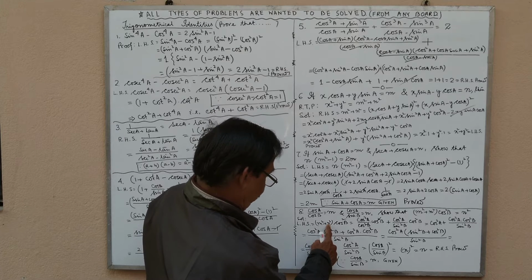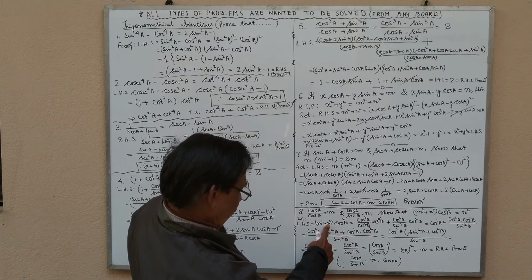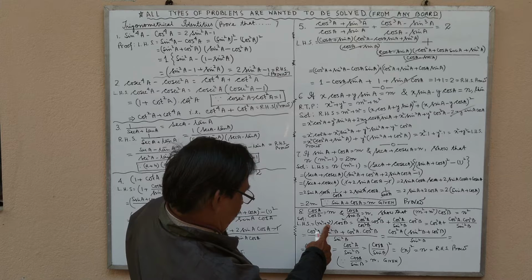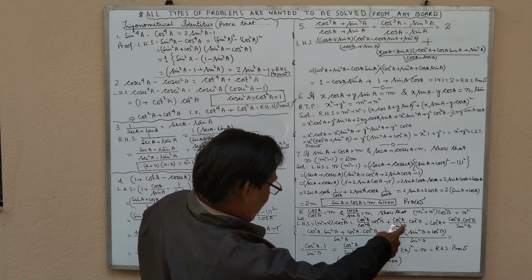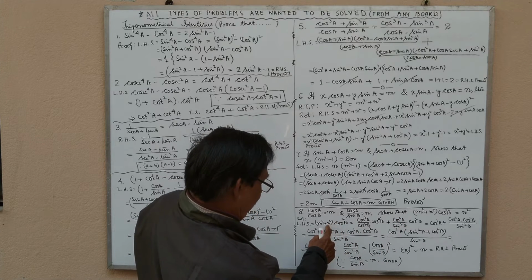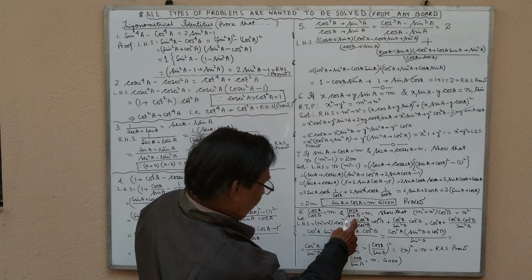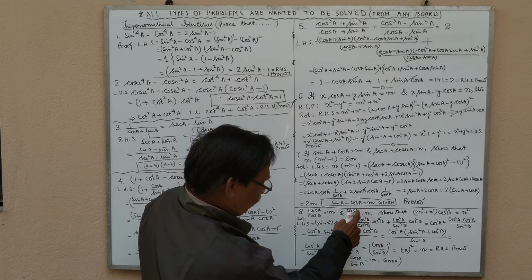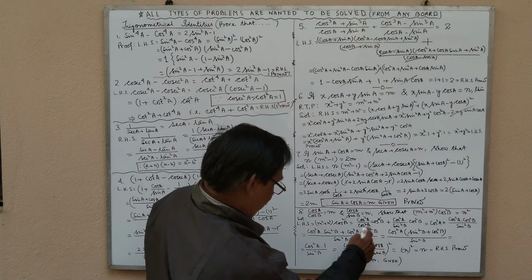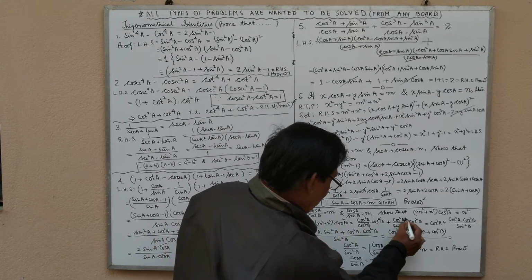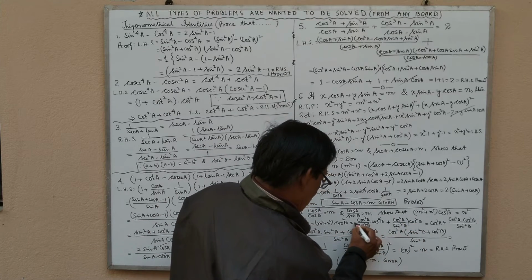N square equals cos square a by sin square b, because n equals cos a by sin b, so its square will be cos square a by sin square b, into cos square b. It will be in a bracket.